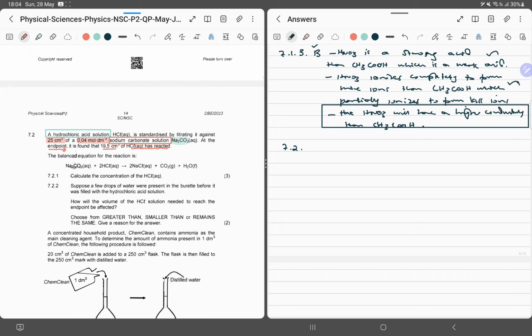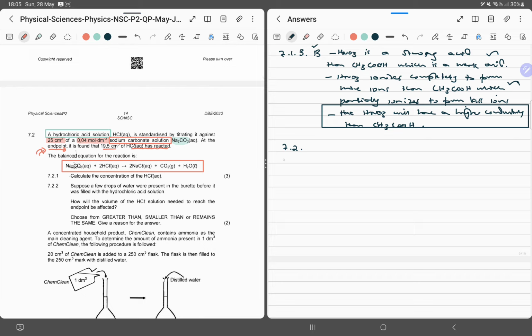Okay. Now it says the balanced equation is this one. Again, this was the stuff one had to know. That when you react an acid with a metal carbonate, you're forming a salt, carbon dioxide, and water. You had to also balance the equation by understanding the molar ratios with which these ones have to combine. Anyway, calculate the concentration of the HCl. Since we reached some end point, so this is a complete titration, so we can use our stuff there.